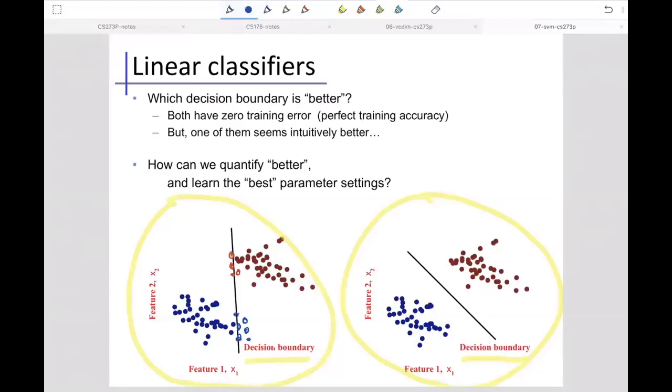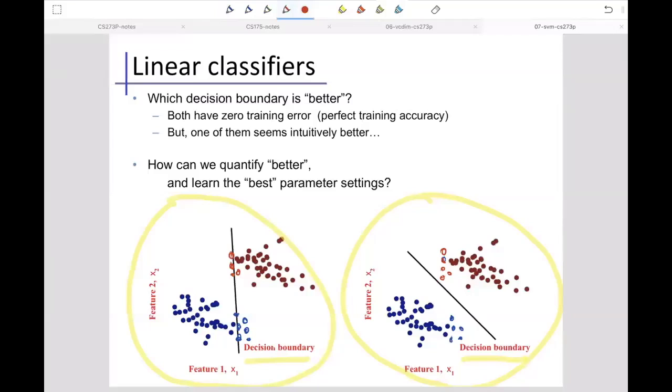If that's the case, you can see that the classifier on the left side will fail on some of these test data sets. However, on the right-hand side, it still has no problems. If you make small perturbations to the data points here, the classifier on the right-hand side can still classify without any problems. For that reason, we believe, intuitively speaking, the decision boundary on the right-hand side is better.